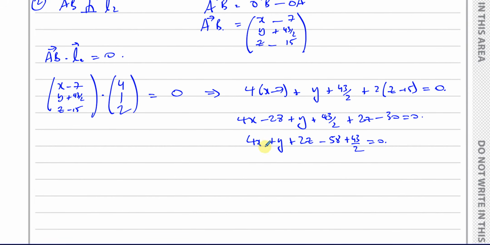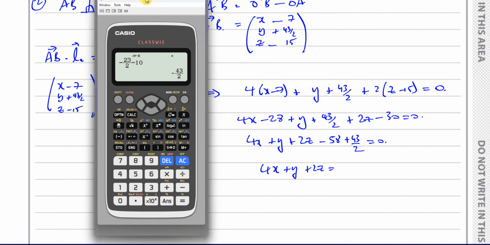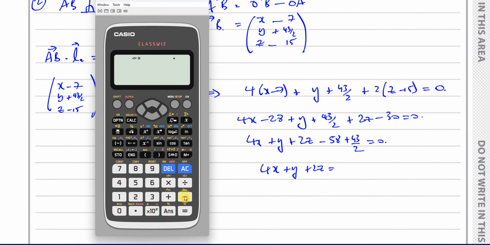So I can say 4x plus y plus 2z equals, what's that going to equal? You have negative 58 plus 43 over 2. That gives us negative 73 over 2.